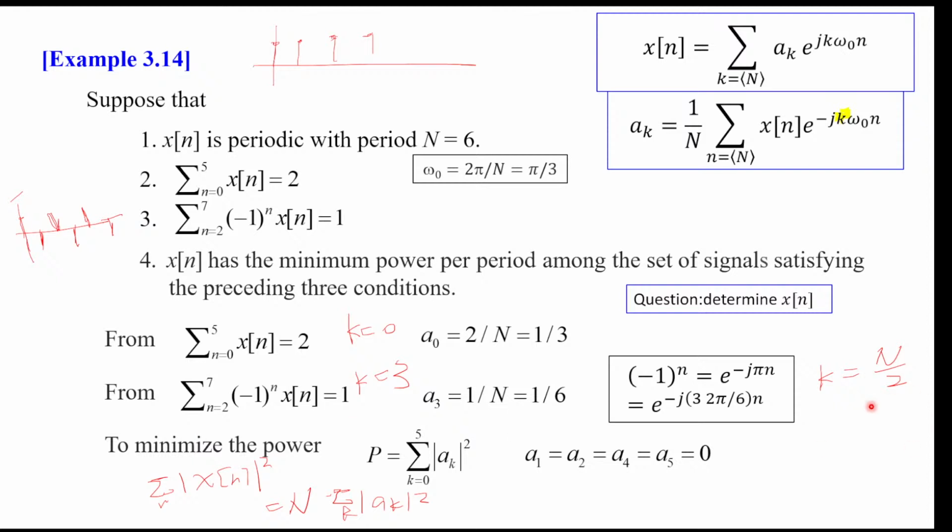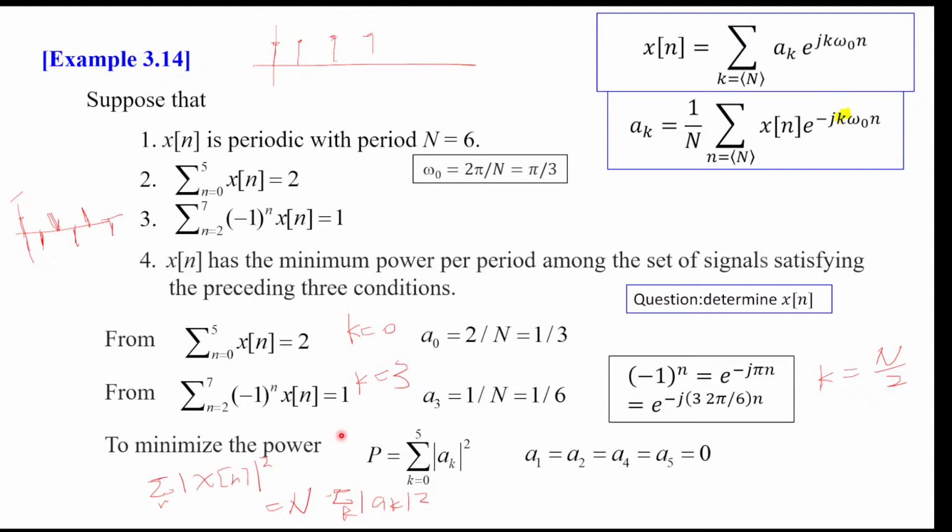Okay, so you see that indeed when k equal to N over 2, or in terms of numbers, N equal to 6 and k equal to 3, we have exactly that e^(-jkω0n) will equal (-1)^n. We have e^(-jkω0n) equal to e^(-jπn), and e^(-jπ) equal to -1.